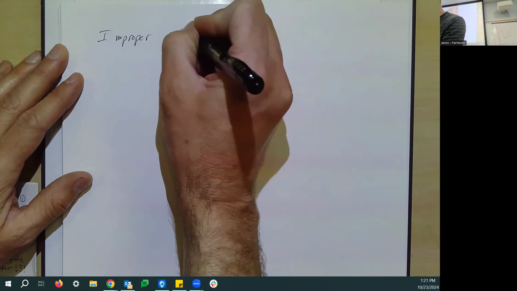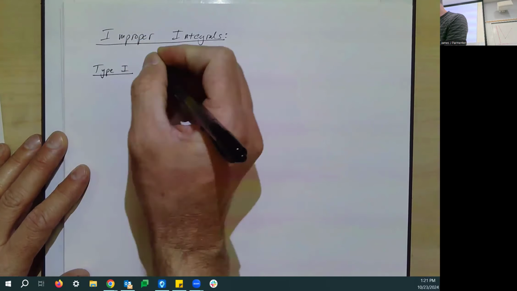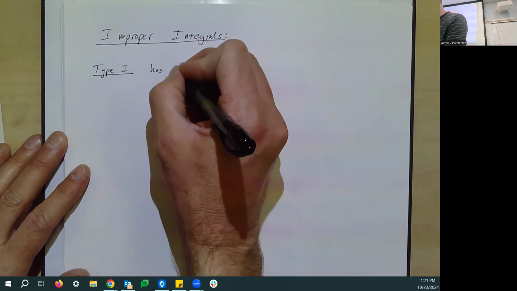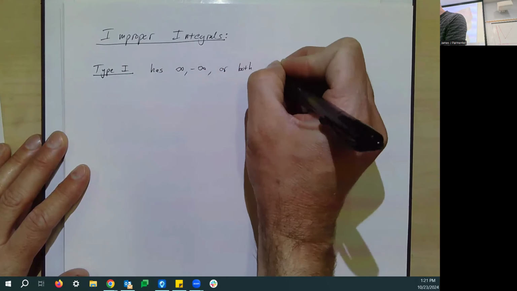So what makes an integral improper? Well, there's actually two types, but I'm guessing you might only be seeing the first type. The first type of improper integral has either infinity, negative infinity, or both as limits of integration.